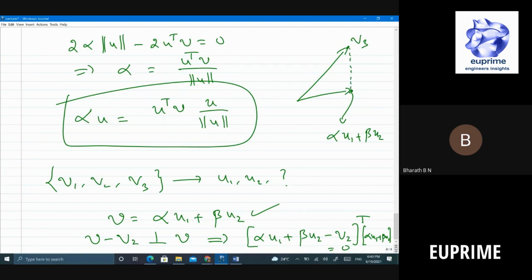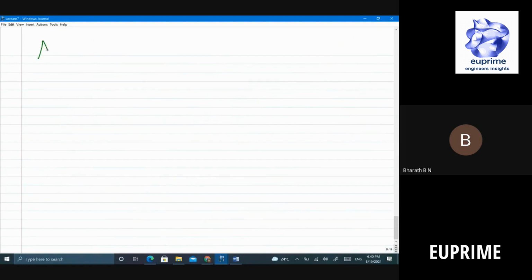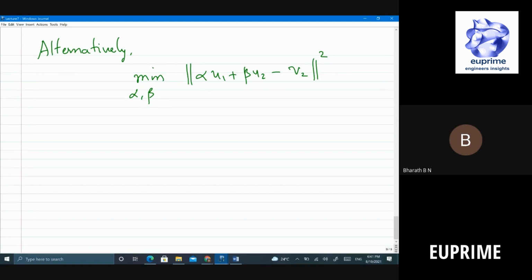So alternatively, I want to minimize the distance between alpha U1 plus beta U2 and V3 over alpha beta. It leads to an optimization problem, right?